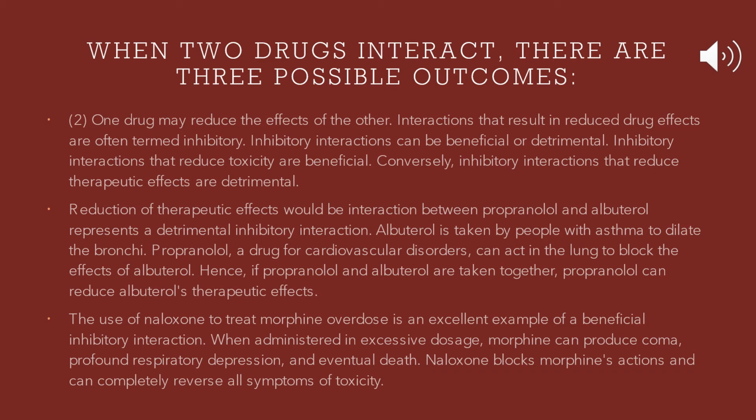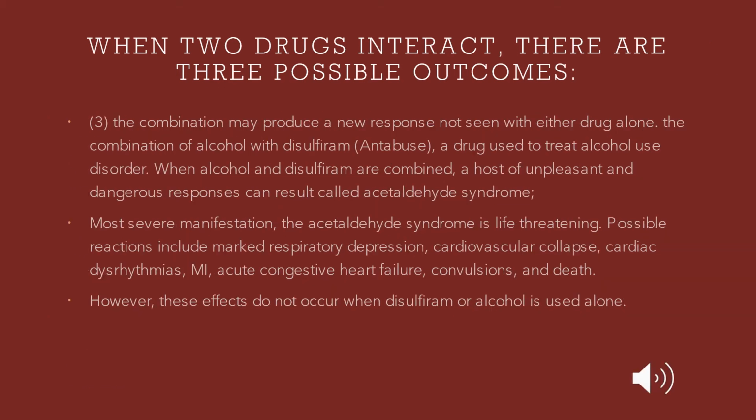The use of naloxone to treat morphine overdose is an excellent example of a beneficial inhibitory interaction. When administered in excessive dosage, morphine can produce coma, profound respiratory depression, and eventual death. Naloxone blocks morphine's actions and can completely reverse all symptoms of toxicity.